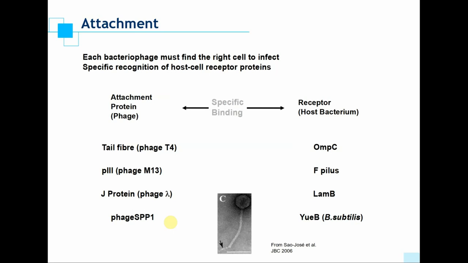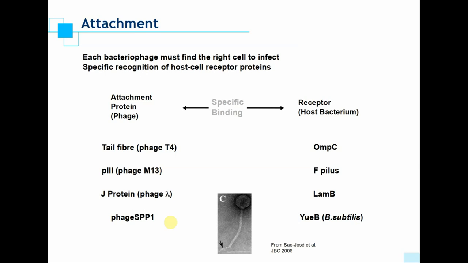This is one of the functions of the capsule around bacteria, because these outer membrane proteins and LPS antigens can be targets for phage that infect bacteria. So bacteria that have a capsule limit the access to these receptors. That's one of the reasons why capsules exist.